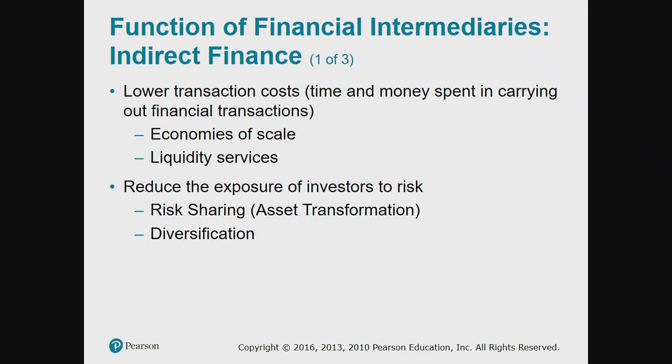So in the run-up to the financial crisis, a lot of financial institutions held mortgage-backed securities in order to lower their risk. What they did is get a different type of asset called a credit default swap.